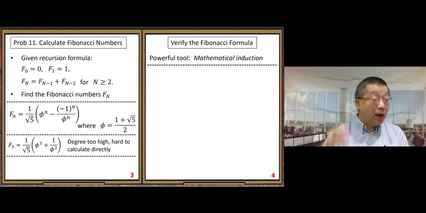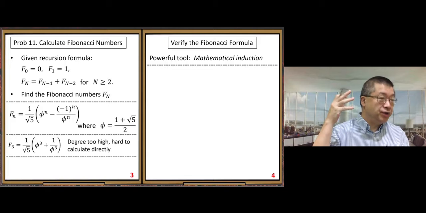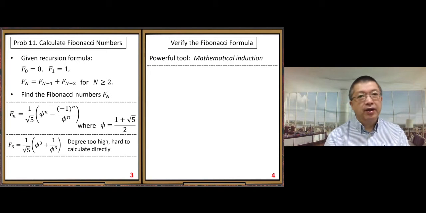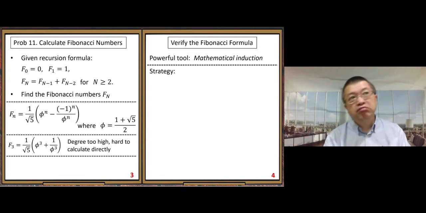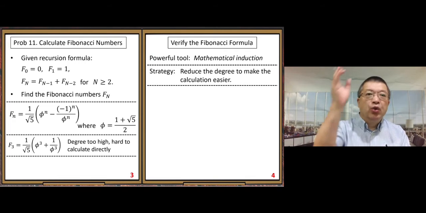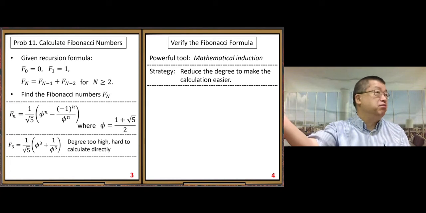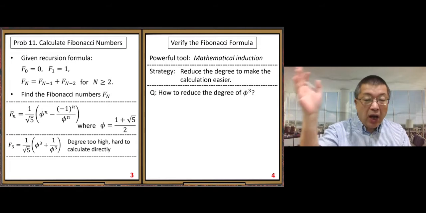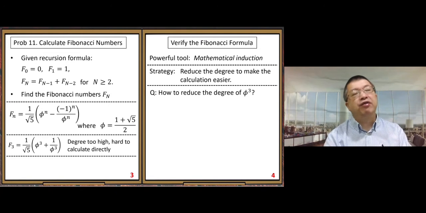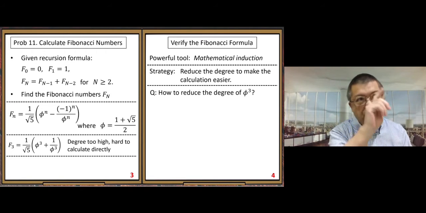By our intuition, if the degree is too high, from natural thinking, we should bring down the degree by formula transformation. So let's set our strategy: reduce the degree to make the calculation easier. But the question is, how to reduce the degree of phi cubed?